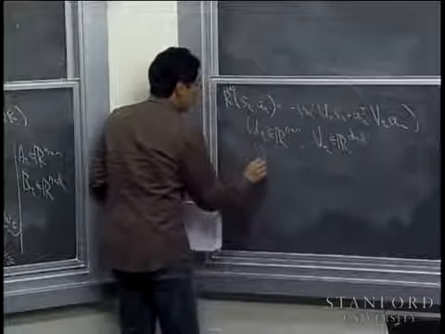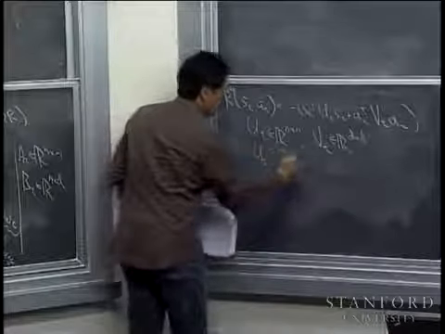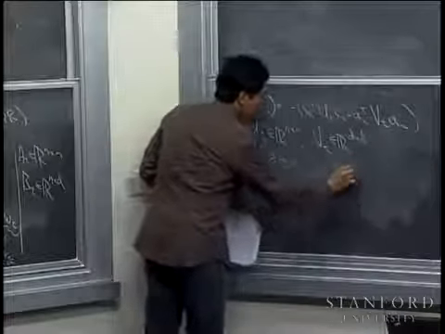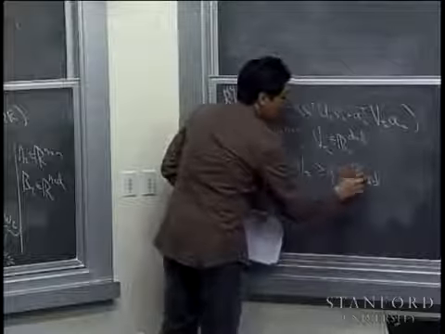I'll assume that U_t and V_t are both positive semi-definite, both PSD.